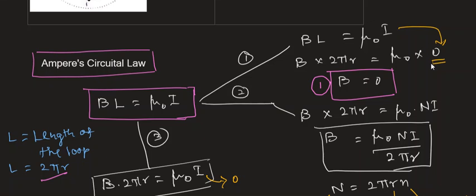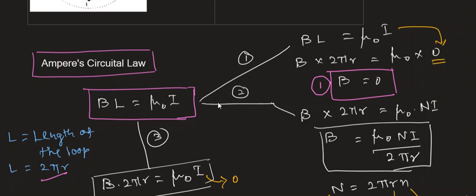Because the current passes through two times, one acting inward, another acting outward. They mutually cancel each other, so the net current becomes 0. Therefore B into 2 pi r is equal to 0, then B is equal to 0. That is why there is no magnetic field in the empty space inside the toroid.